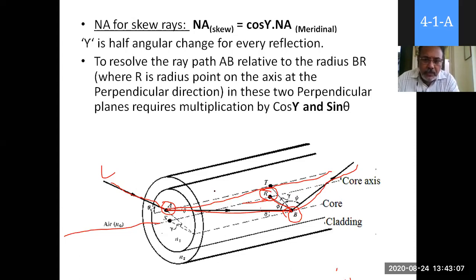Gamma is the cos gamma into sin theta multiplication. I wrote this here to resolve the ray path AB relative to radius BR, where R is the radius point on the axis in the perpendicular direction. And in these two perpendicular planes it requires multiplication by cos gamma and sin theta.